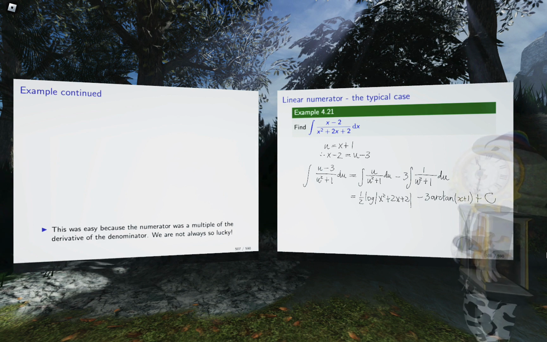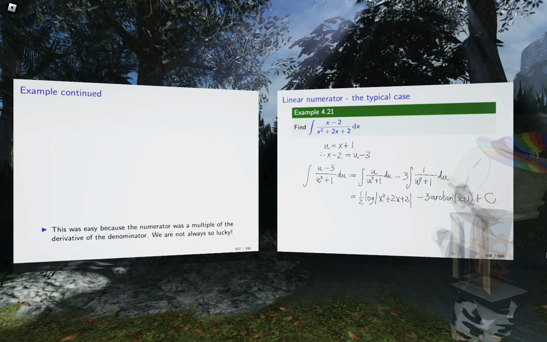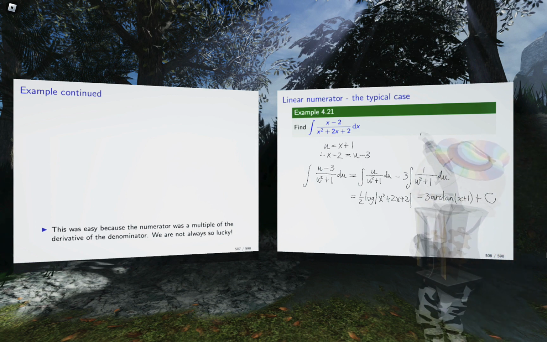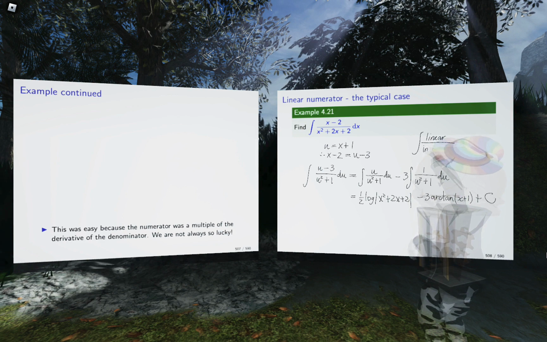Okay, so I hope you can kind of see how this settles the general case where you integrate something which is linear divided by irreducible quadratic.